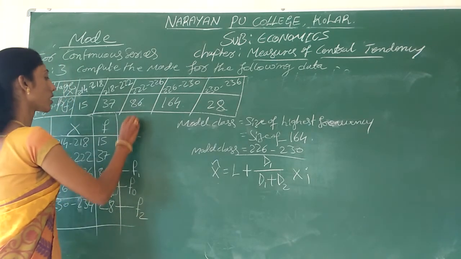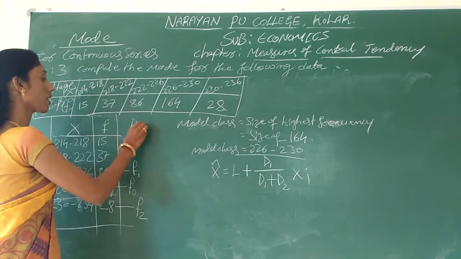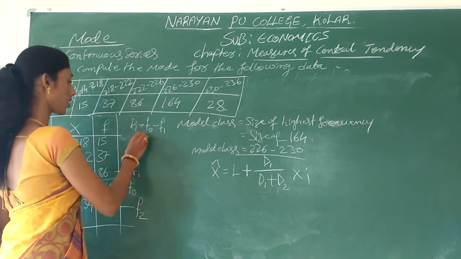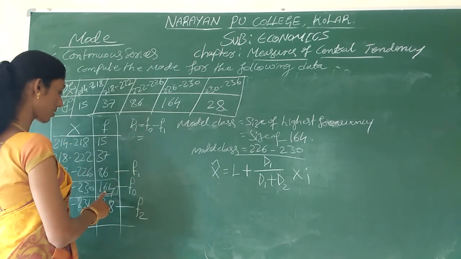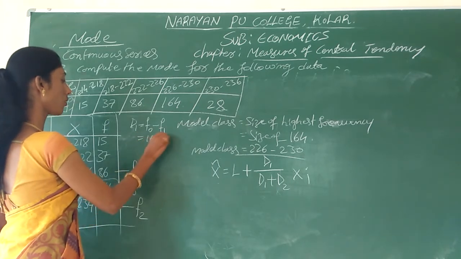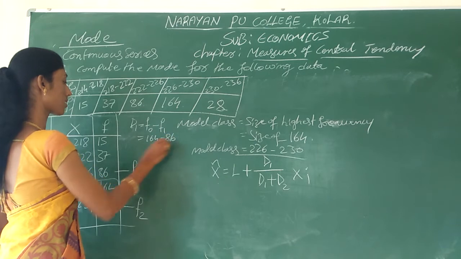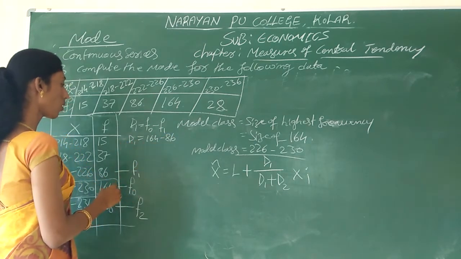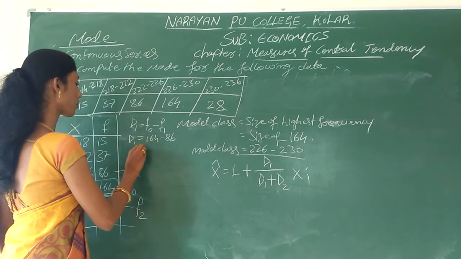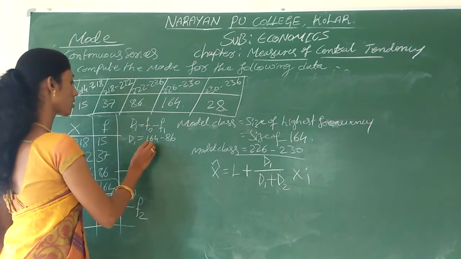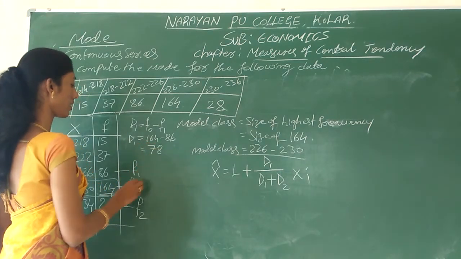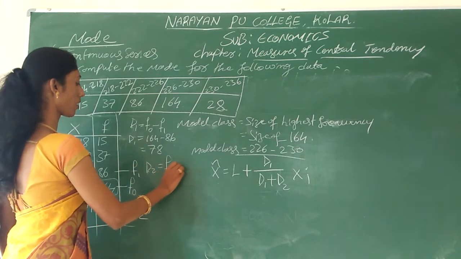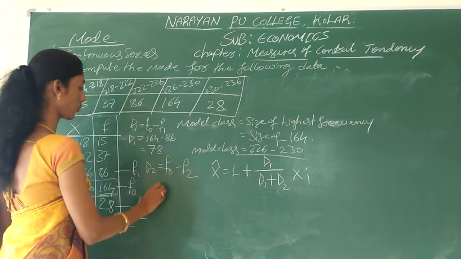Then after that we need to find D1. The D1 formula is F0 minus F1. Here F0 means 164 minus 86, how much? 78. Then D2 we need to find as F0 minus F2.